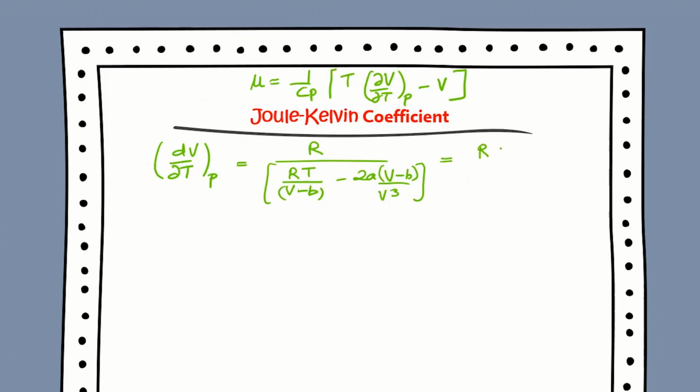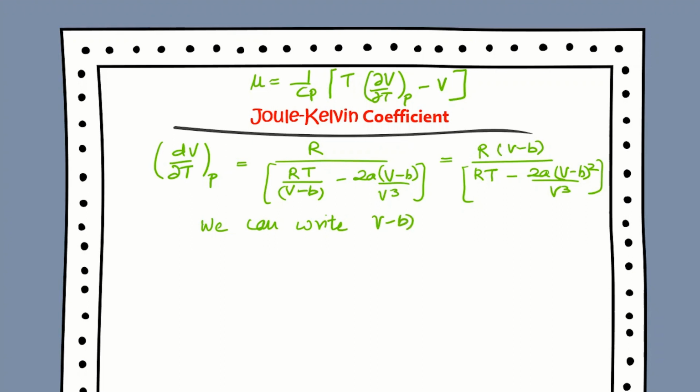So this is R(V − b) over [RT minus 2a(V − b)² over V³]. We can approximate this (V − b)² as V², so (V − b)² is approximately V². So ∂V/∂T at constant pressure will become R(V − b) over [RT − 2aV²/V³].